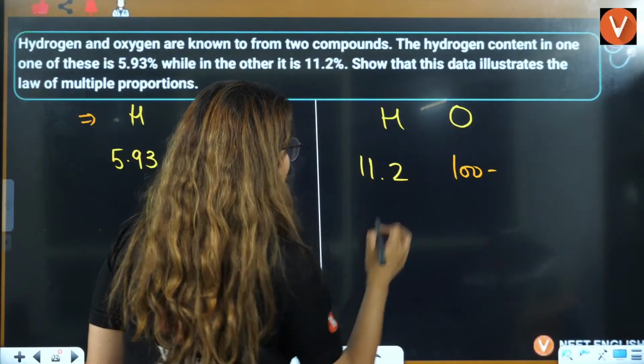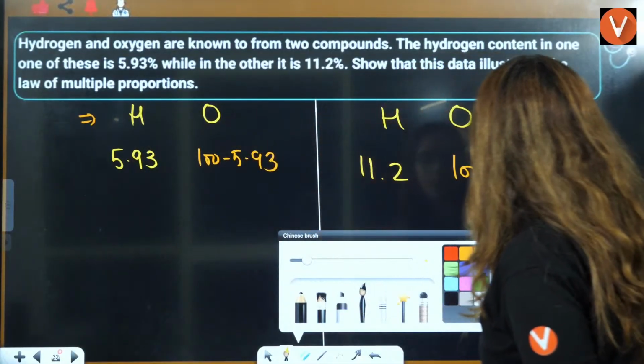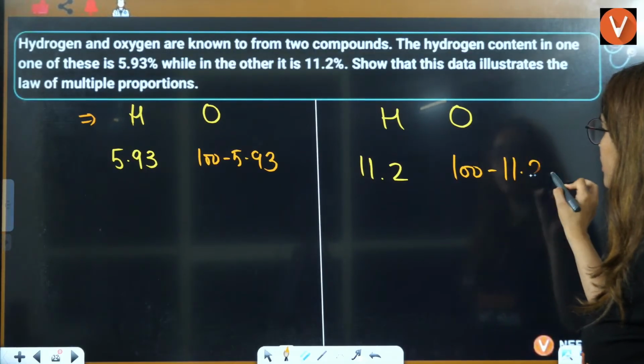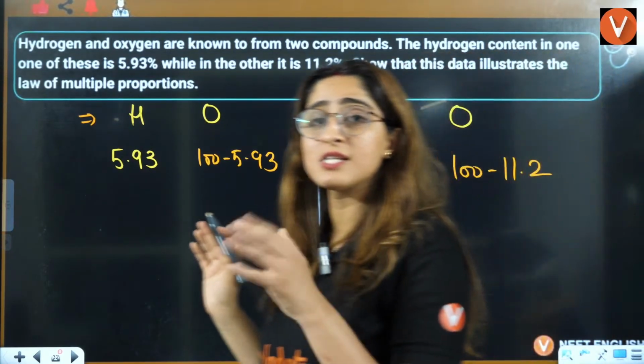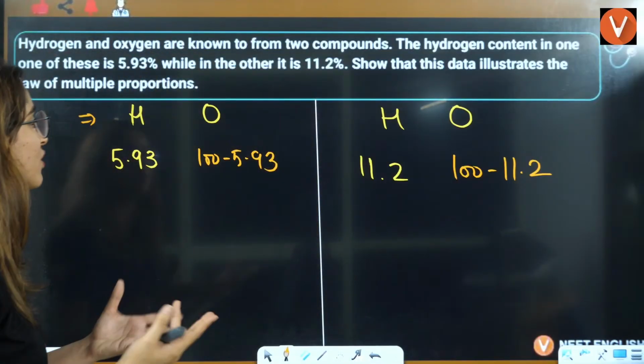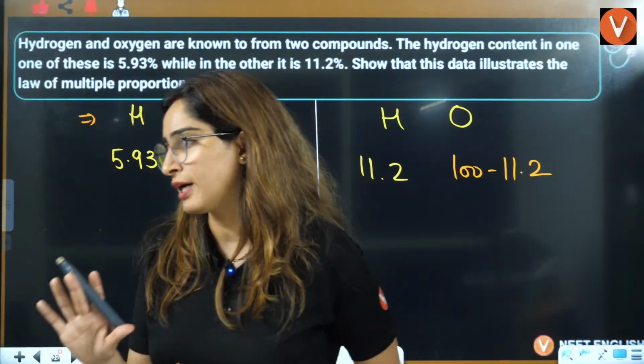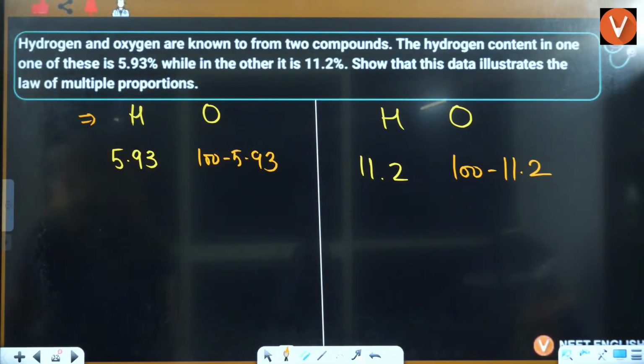You can easily see that for 100 grams, the amount of oxygen is different, right? So the percentage of oxygen is definitely not the same. That means this is in accordance with the law of multiple proportion. Okay, everybody?